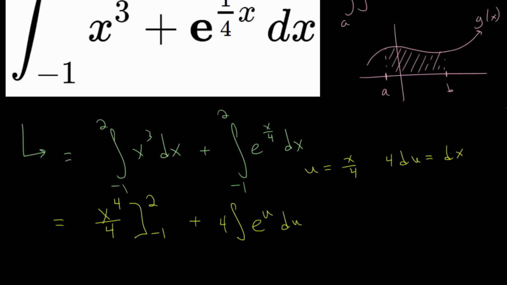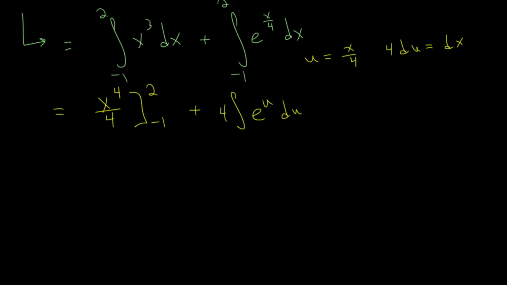So let's take that approach, and we can use the fundamental theorem of calculus here. Once we have an antiderivative evaluated at the top bound, and then we subtract that antiderivative evaluated at the lower bound. So we plug in 2 first.